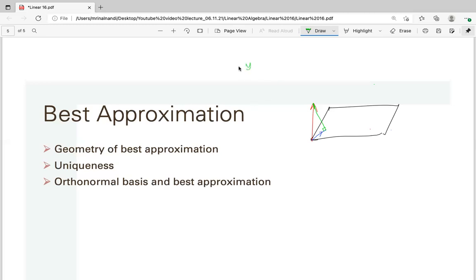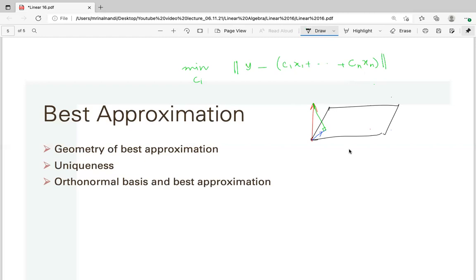The norm of the difference between y and this combination, with x1, x2, up to xn an orthonormal basis of this subspace, should be the minimum over all ci. So choose such ci that this distance is minimum, and it is clear that it is minimum if you take the projection.